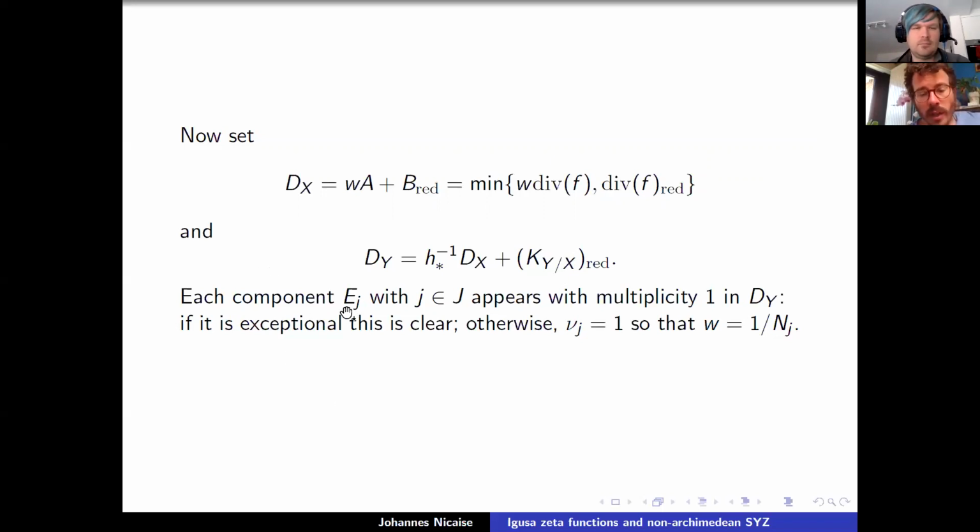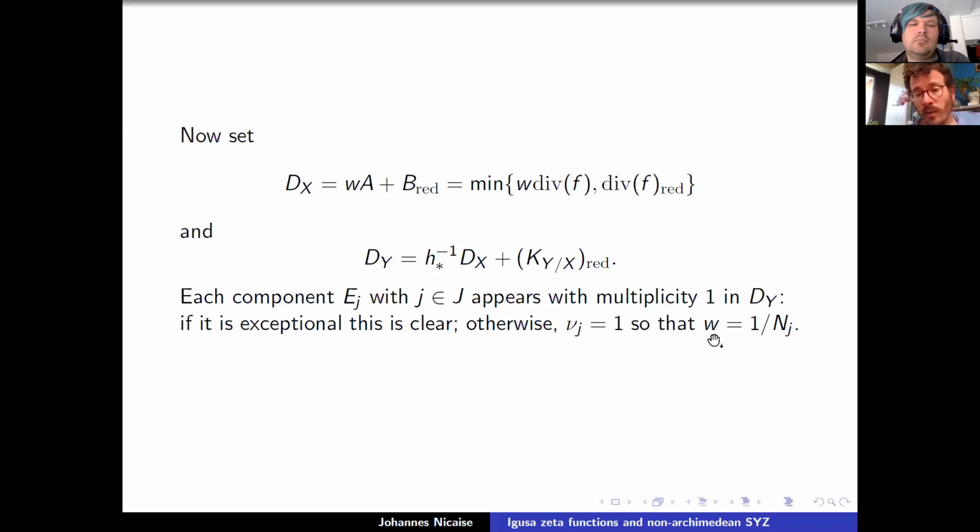So one remark we can make right away is that the components E_j, which show up in our maximal phase of constant weight, so for j in capital J, each of these components appears with multiplicity exactly equal to 1 in the divisor D_Y. Now, if it's an exceptional component, then it's just by definition, because all of the exceptional components occur with multiplicity 1. And if it's not an exceptional component, if it lies in the strict transform, well, then the log discrepancy is equal to 1.